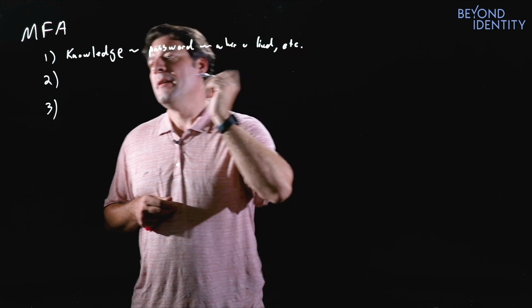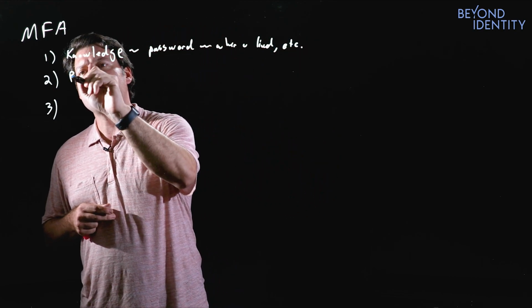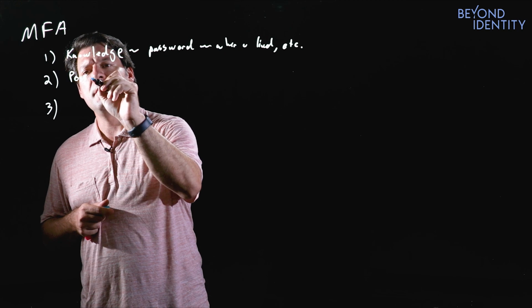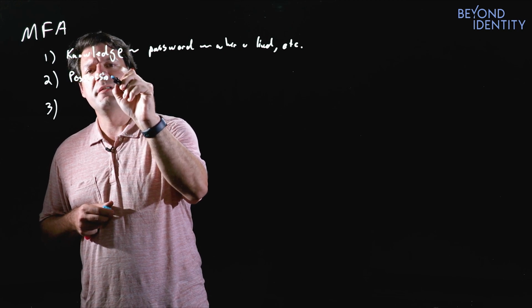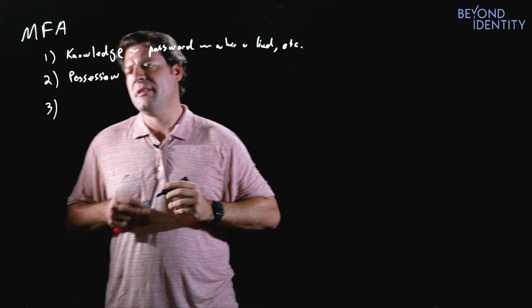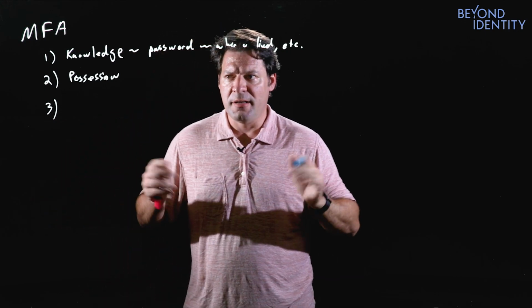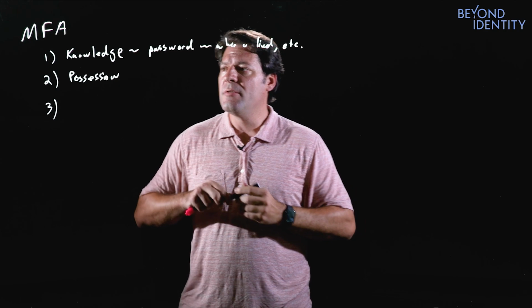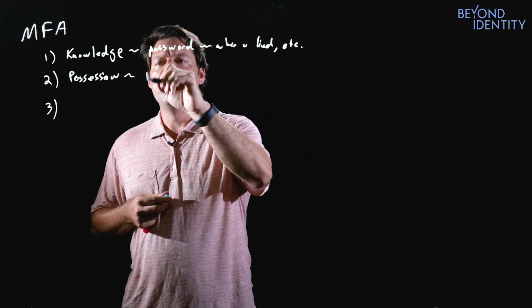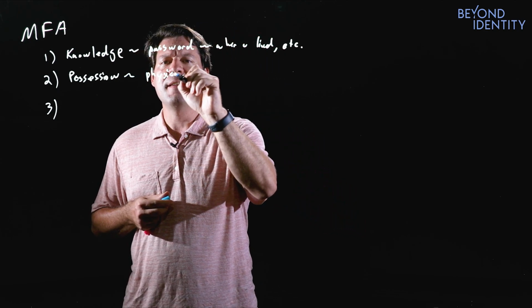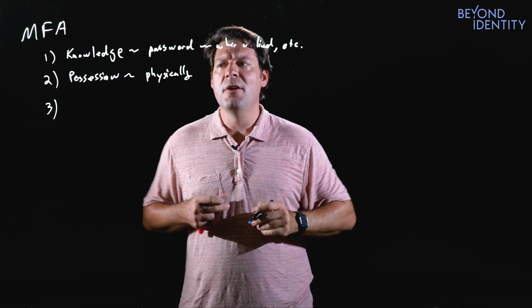Okay, next, let's talk about possession. Here's where you learn that I can't spell, and I'm not sure if it's a bad spelling of a French fish or if I actually mean the word possession, but I got to keep you guessing. So what do we mean by possession? We mean physically possessing a thing that I know is unique.